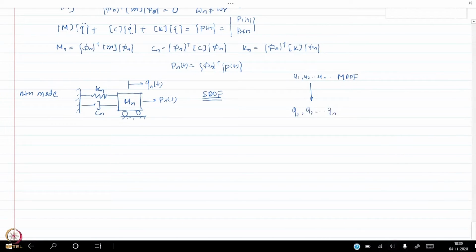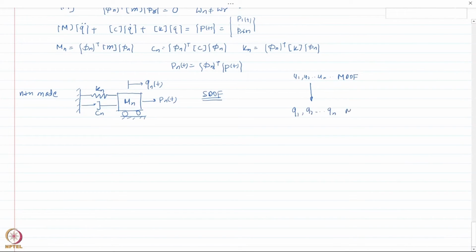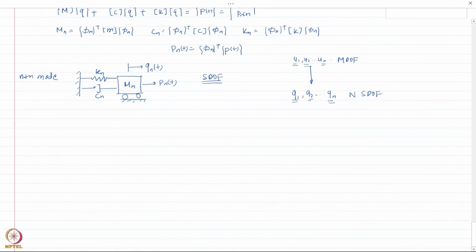Now remember, I would have n such single degree of freedom systems, and these q1, q2 do not correspond to any specific degree of freedom. Remember, the original equations were in terms of degrees of freedom, but here these are modal coordinates.